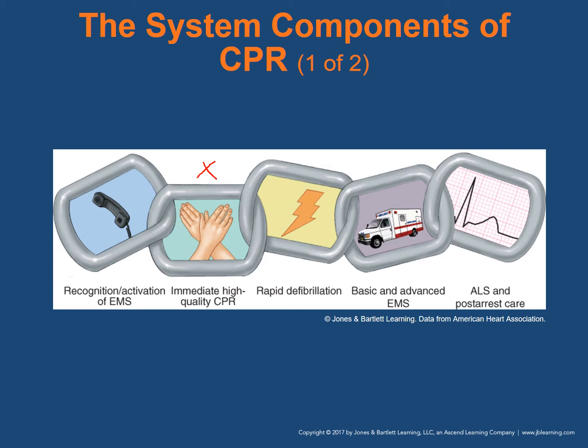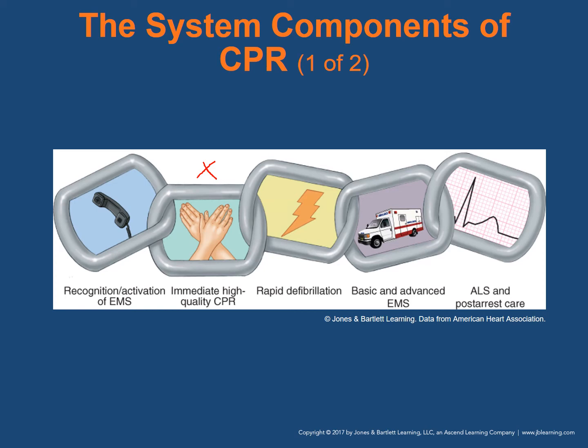Remember, going back to that stopwatch, sometimes it might take us 4 or 5 minutes to even respond to a call. Even if we're on top of our game, it might take us a little while to get to the patient, and we don't know how much cerebral tissue has actually infarcted or died. We don't know how much myocardial tissue has infarcted at this point. So the faster we can start CPR, the faster we can start circulating blood.